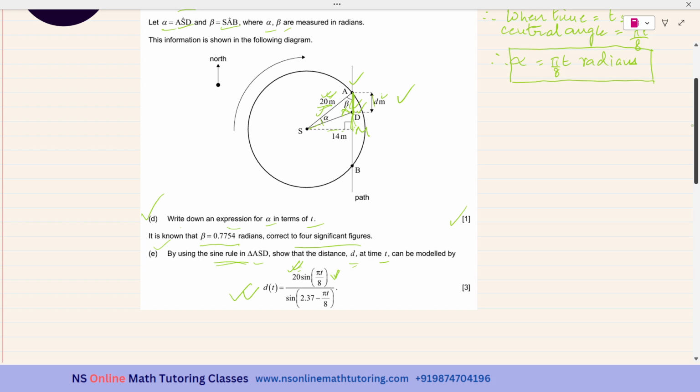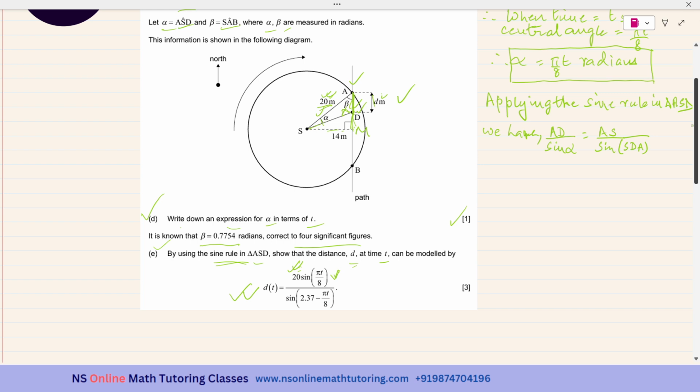So, applying the sine rule in triangle ASD, we have AD over sine alpha equal to SA or AS, whatever I call this side, over sine, this is angle SDA.